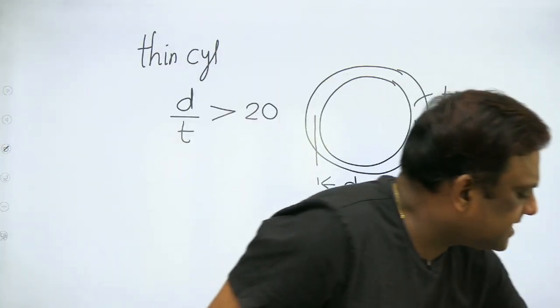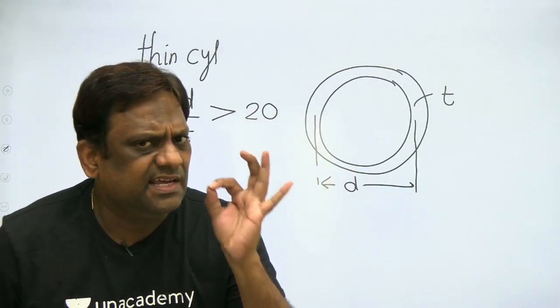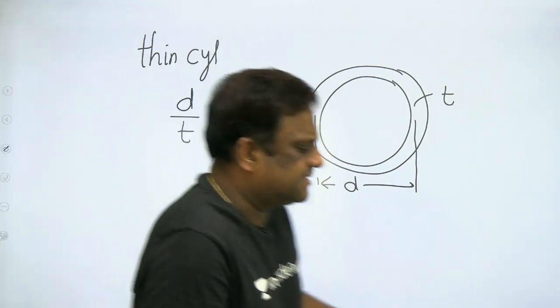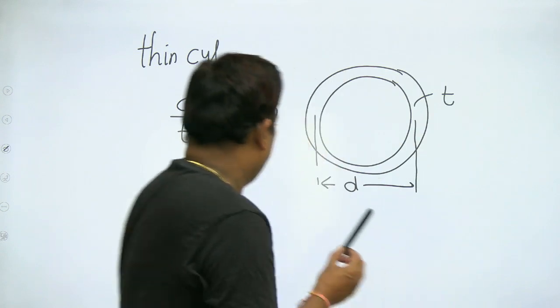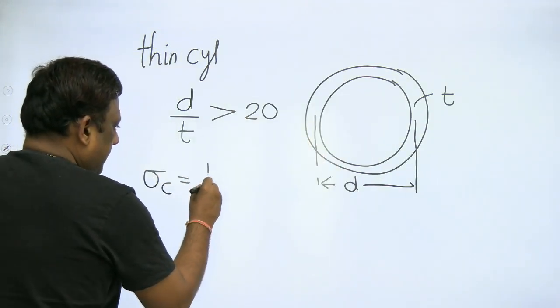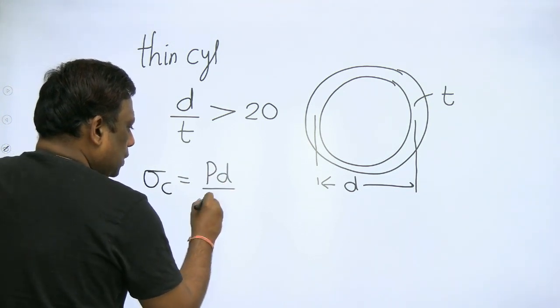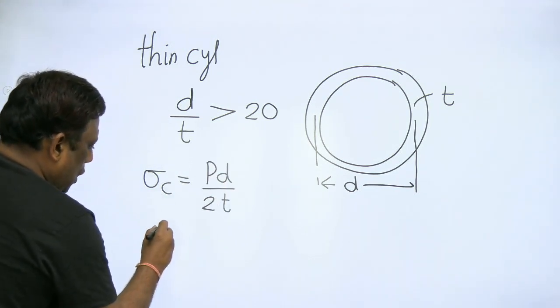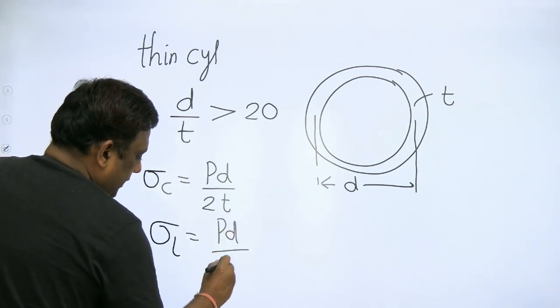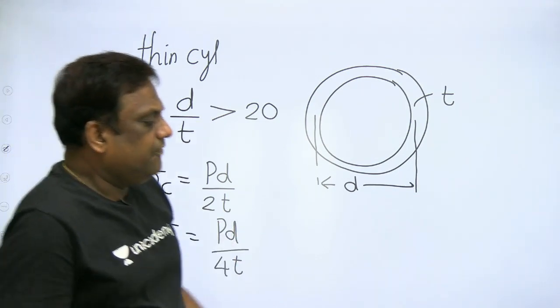Now let us see, my dear students, when we study thin cylinders, we can easily derive the circumferential or hoop stress as PD by 2T, and the longitudinal stress is nothing but PD by 4T. No problem at all, we'll be deriving this.